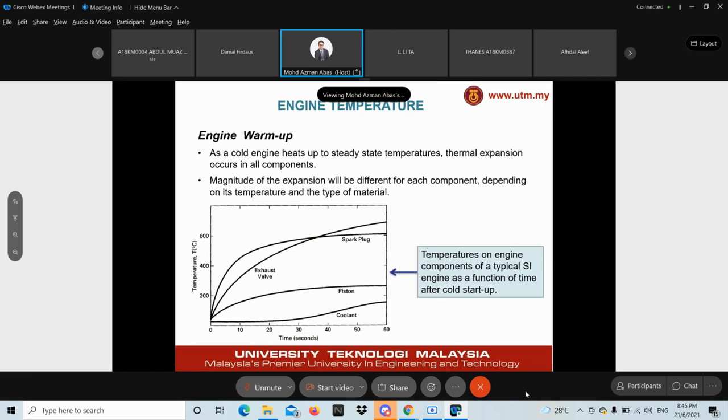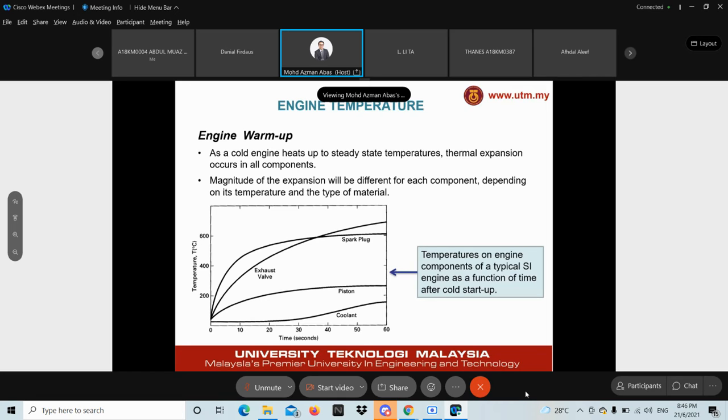Engine warm-ups, okay. Engine warm-up is basically one of the conditions that is usually strategized in modern vehicles nowadays. So as a cool engine heats up to a steady state temperature, thermal expansion occurs in all components. This usually happens in the morning.